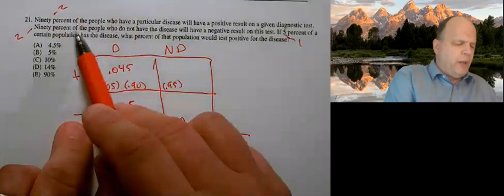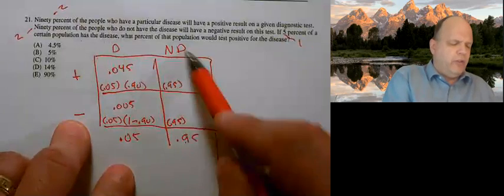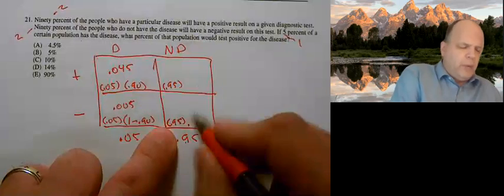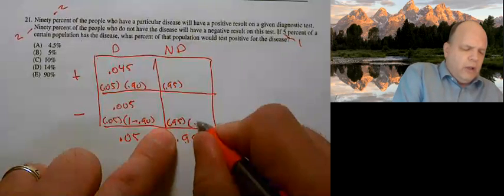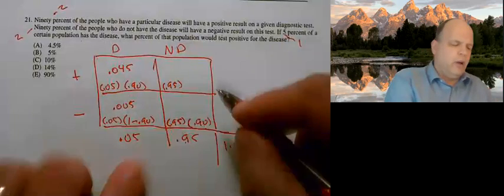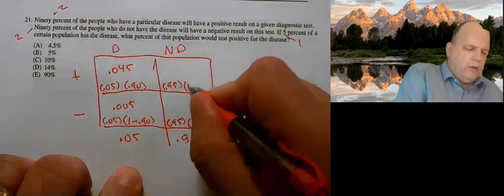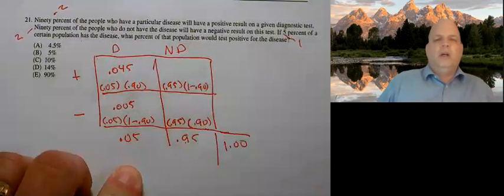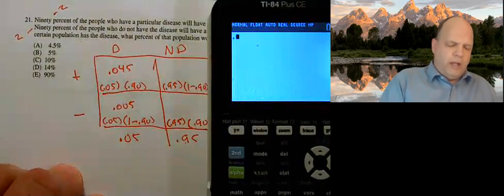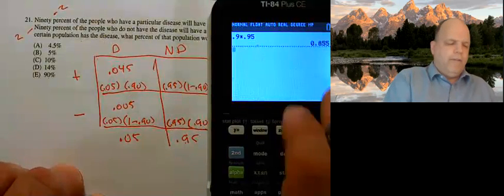Then it says 90% of the people who do not have the disease, so not disease, will test negative. So this 90% is going here because no disease and testing negative is here. 1 minus that is right there. So 0.9 times 0.95 is 0.855.